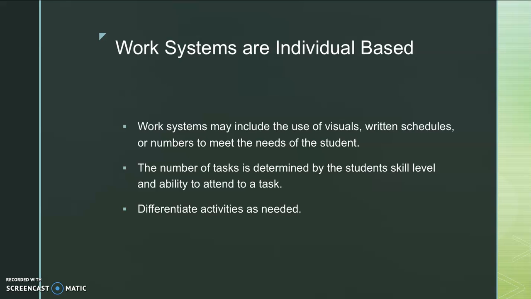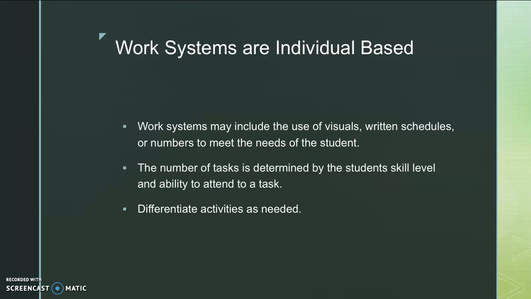Work systems are individual-based. Work systems may include the use of visuals, written schedules, or numbers to meet the needs of the student. The number of tasks is determined by the student's skill level and ability to attend a task. If we know that a student is not able to attend to a task for very long due to attention, we may limit the number of tasks, for example, 1 task.